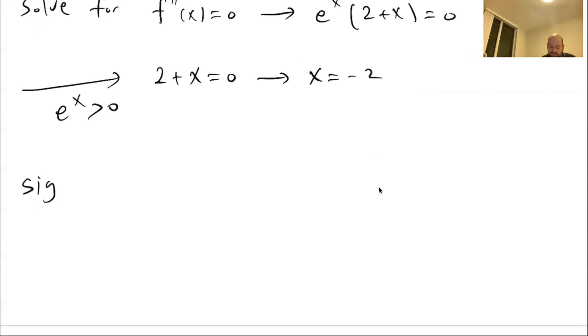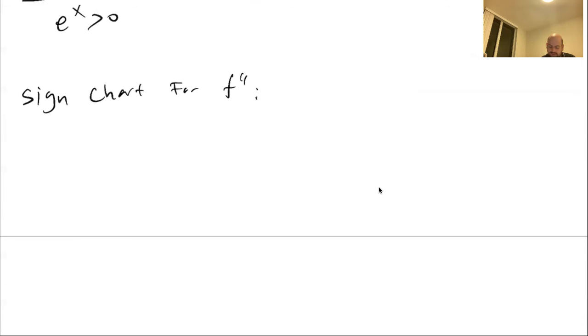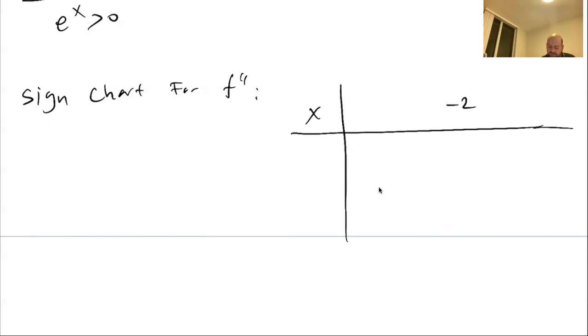Again, then I can use the sign chart for f double prime to determine intervals of concave up, concave down. So x values here, minus 2 here, f double prime, and f.